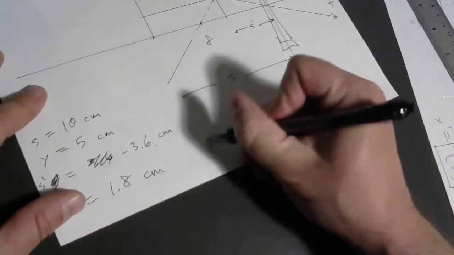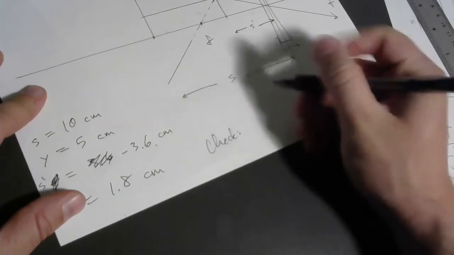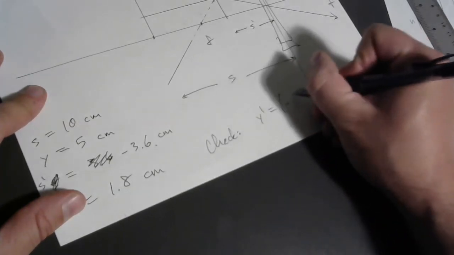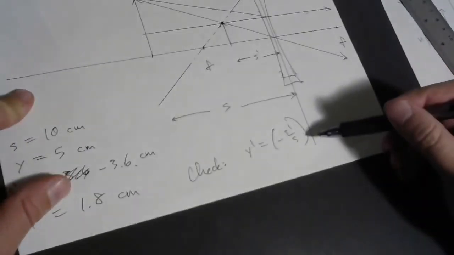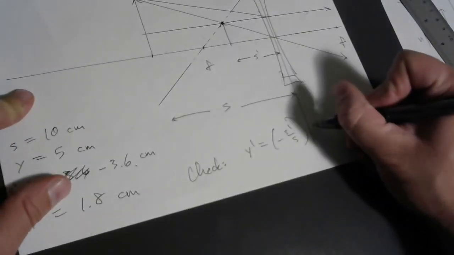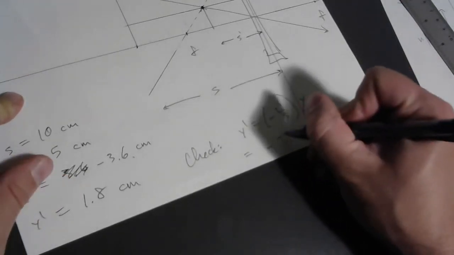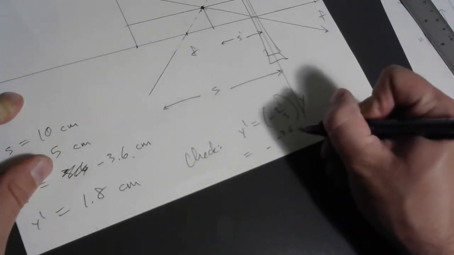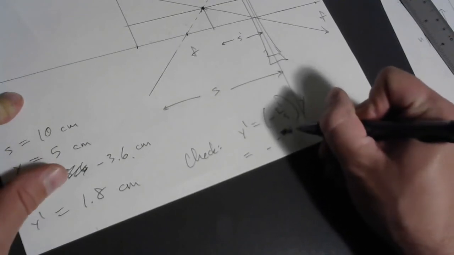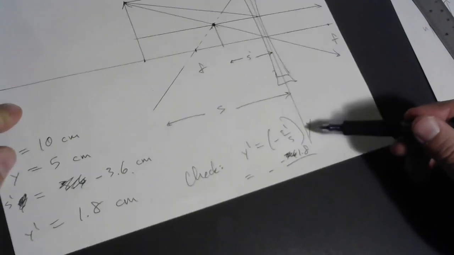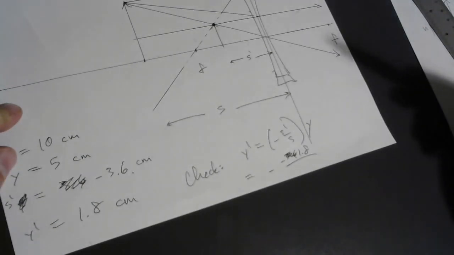Okay, let's check. Y prime should be the magnification, the lateral magnification M times Y. Well, that would give us negative 3.6. I goofed again, negative 1.8.